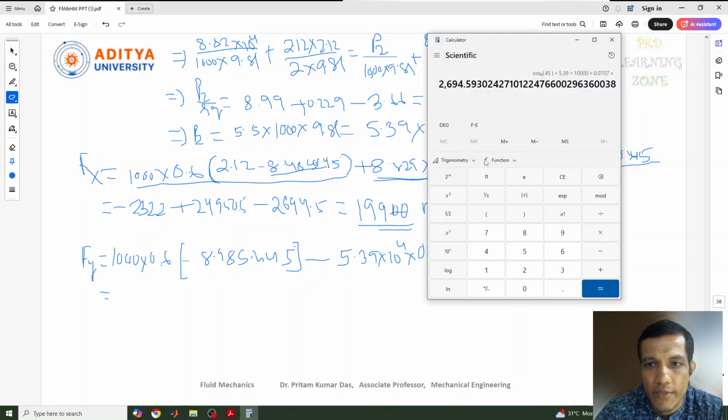Let's calculate immediately. Sin 45, this is sin 45. Same thing we'll get actually, 1 by root 2. So multiply, this is a minus value, correct, minus of this one. This is 8.48, I hope, multiplied by 8.48, 5.99 into again 1000 into 0.6.